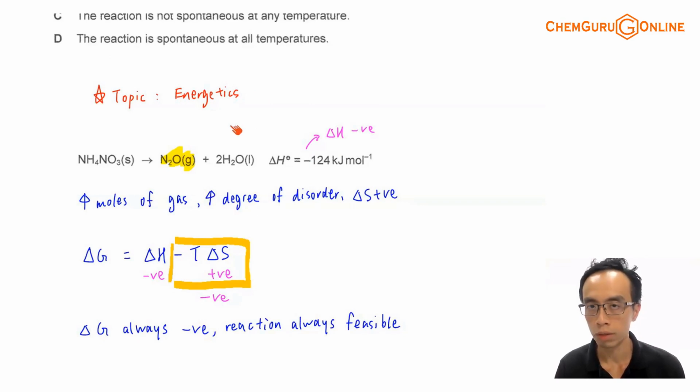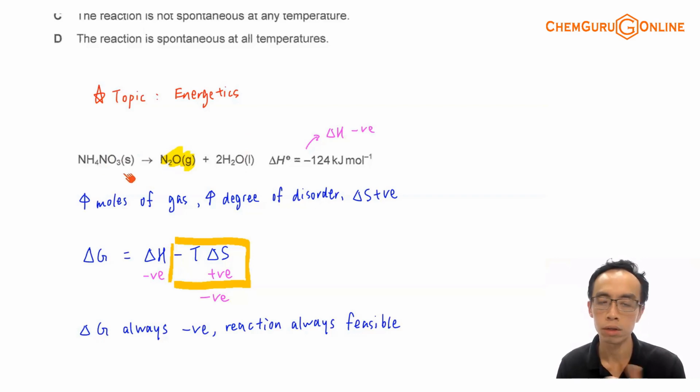What we first have to determine is the entropy change of the process. Entropy change is a measure of the degree of disorder. So based on the differences in the physical state between the reactant and the product, I should be able to determine whether there is an increase or a decrease in the degree of disorder. Then we can link it to delta S, or your entropy change.